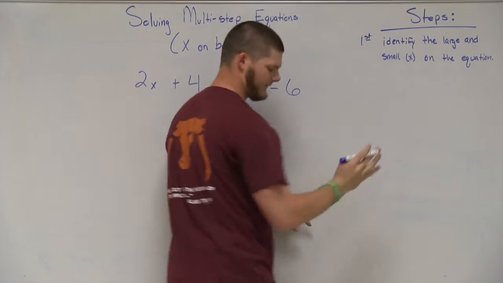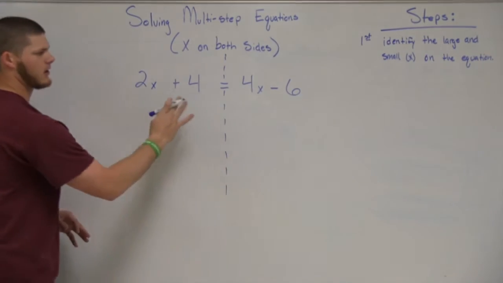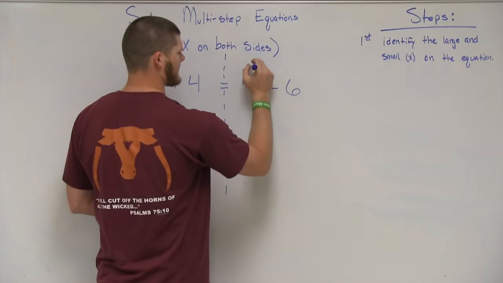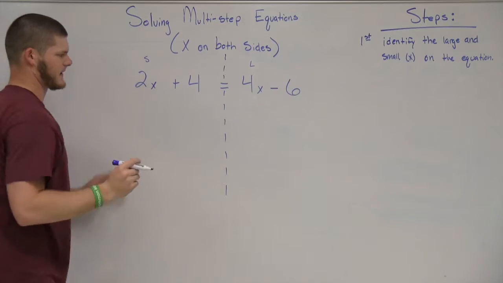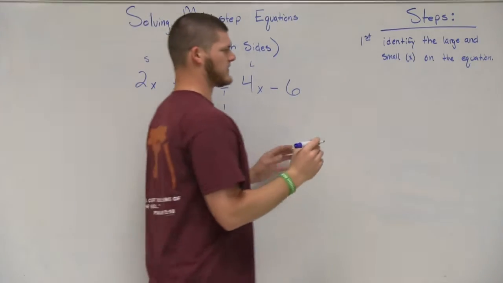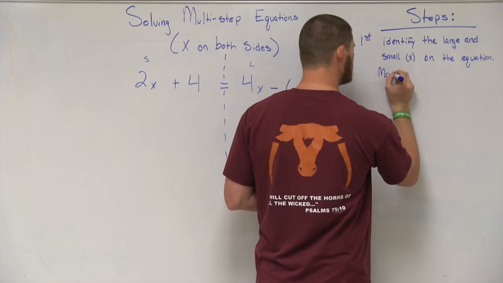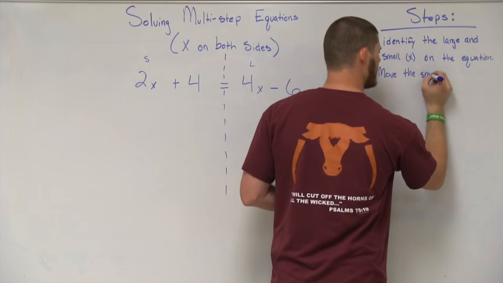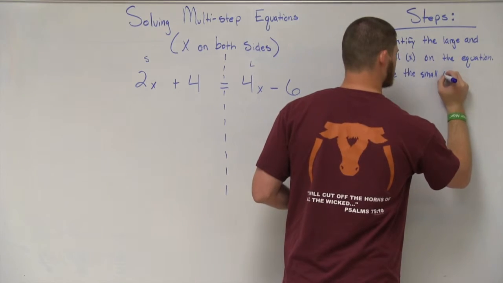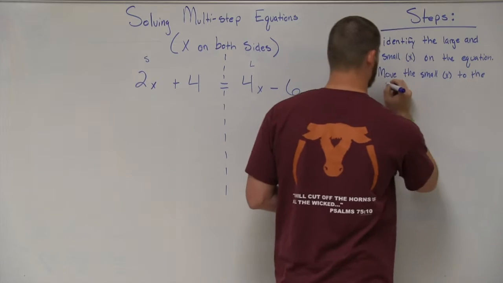After we identify our big and small, so 2x and 4x, our large one would be our 4x, and our small one would be our 2x, because 2 is smaller than 4. Once we identify them, we are going to move the small x to the side of the large x.